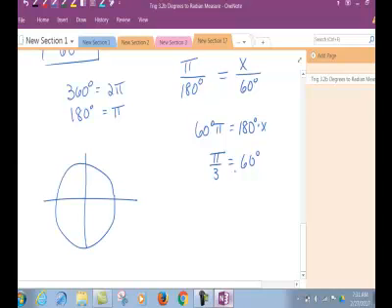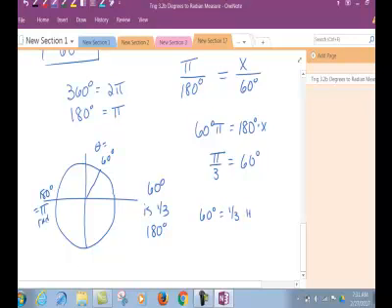Let's see why that makes good sense. It always helps to have a visual. This is 180 degrees, which is pi radians. If you look at a 60 degree angle, it's pretty easy to see that 60 degrees is 1/3 of 180, so it makes sense that 60 degrees is 1/3 of pi.